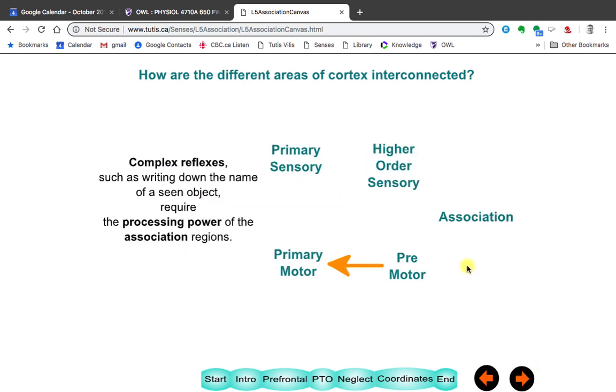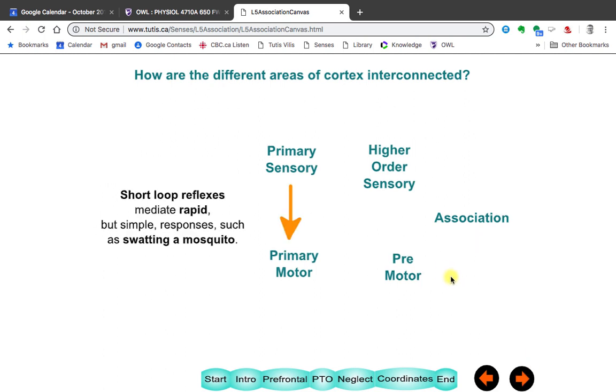And the complex tasks, like writing down the name, involve processing that goes through all these areas, okay? So from the primary sensory all the way to the primary motor. But something like swatting a fly, well, that's a very simple circuit from here to here.